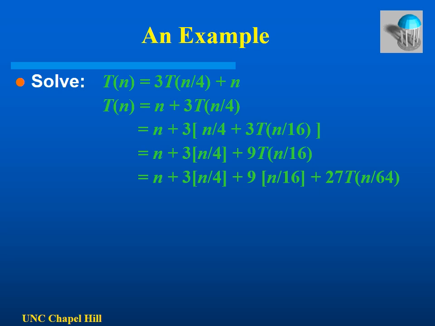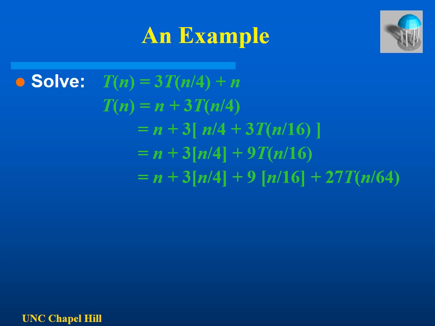We get a 27 n over 64, and you get 9 times n over 16. That comes from the first term, this n, and then you get, because of 3 times 3, and then you get another 3 times n over 64, and so on down the line, okay?